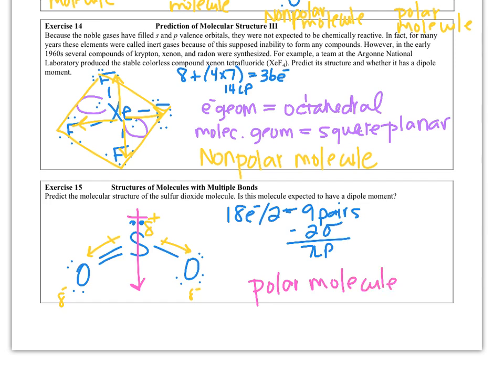So one thing that's really neat, and we're going to talk about this a lot throughout the years, understanding polarity, is we're going to be discussing why different states of matter, and so why does water like itself, but why does carbon dioxide gas not like other carbon dioxide? Why is it normally a gas at room temperature versus a liquid or a solid? A lot of that has to do with the polarity of the molecule, in addition to the energy within the molecule and the temperature that it's at.